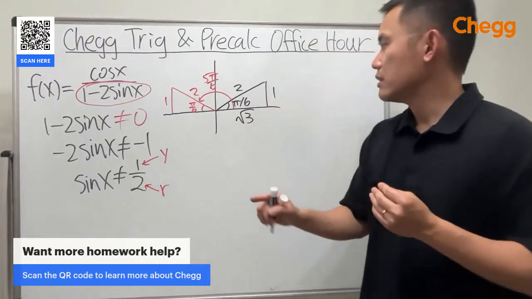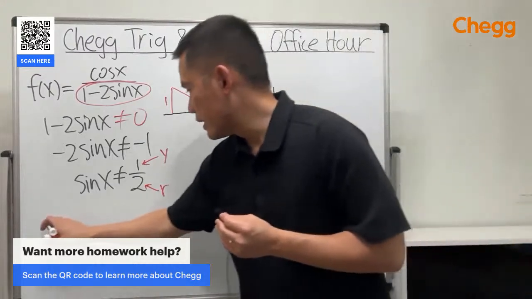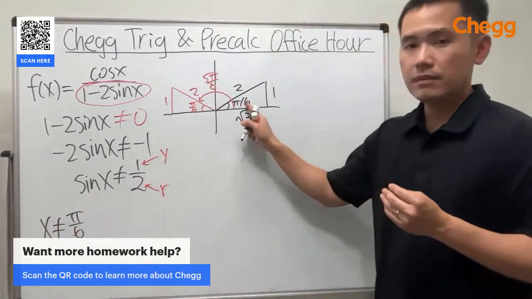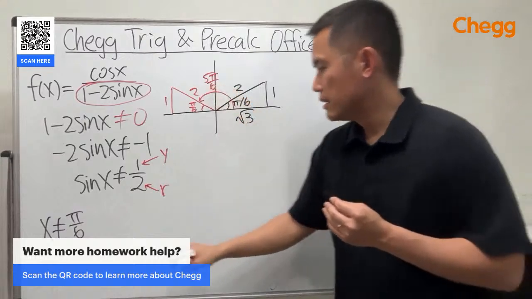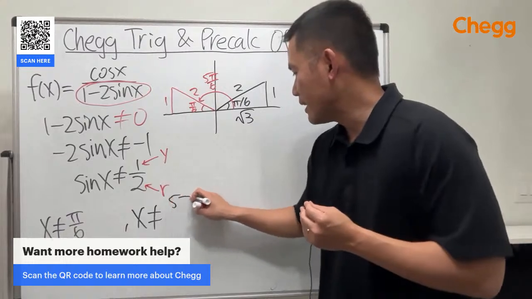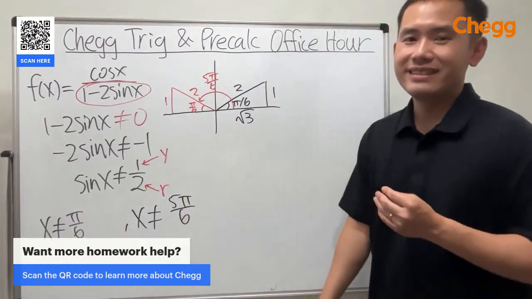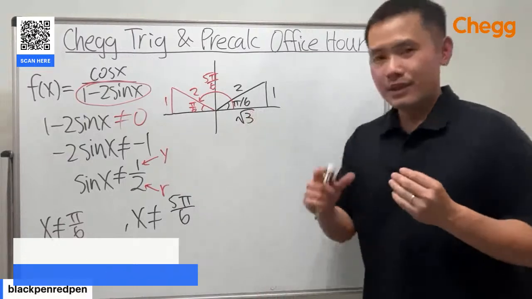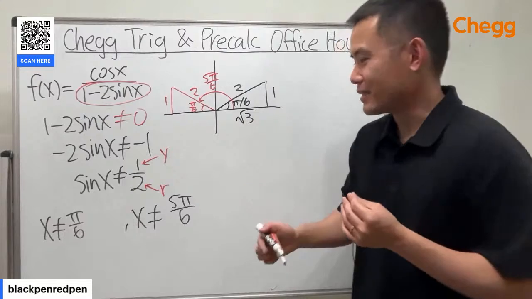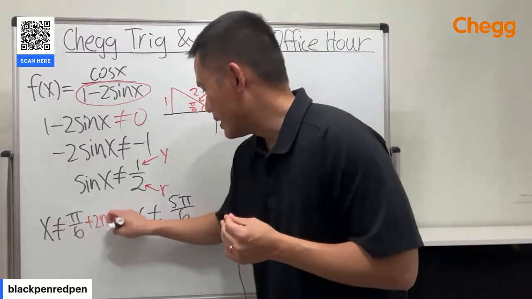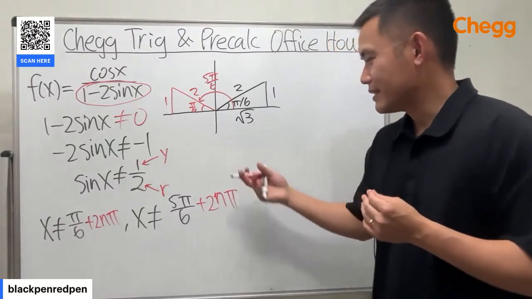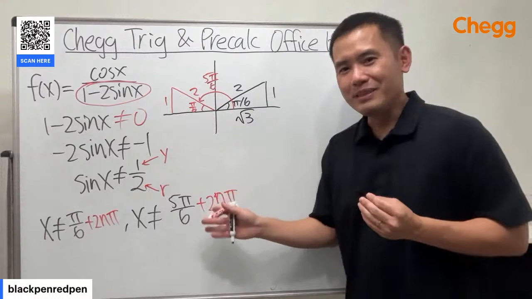If you look at the picture, you have two sets of answers. The first one is pi over 6, so just say x cannot be pi over 6. The other answer is that x cannot be 5 pi over 6. When you have these two first answers, the rest is just that you have to add 2n pi, because the period of the sine is that.